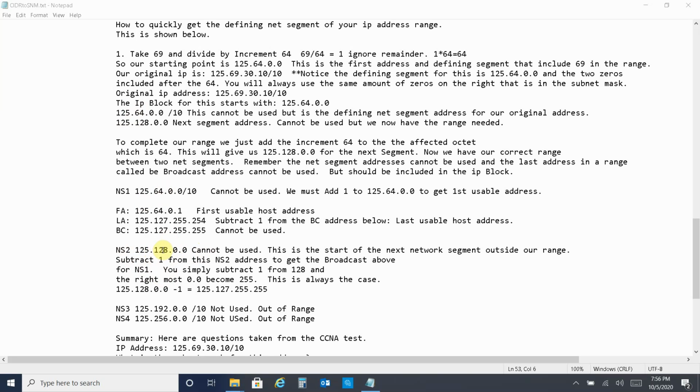We're going to subtract 1 from this, and we're going to get 127. The 2 zeros become 2 55s. This is always the case. Okay? Always. Now you're going to take this and subtract 1 from this, and you're going to get 254. This gives you your first address, your last address, and your broadcast address.